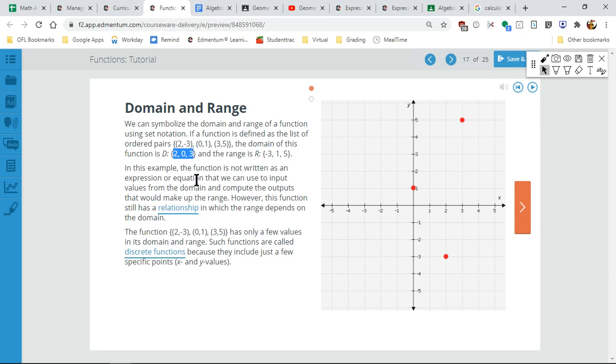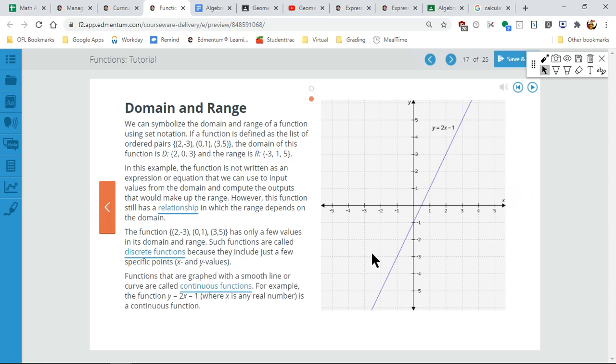You only have these 3 numbers in your domain, and you only have these 3 numbers as your range. These are your outputs. So if you have 3 inputs, you should have 3 outputs, unless there's repeating output. Sometimes your range can have fewer numbers than your domain because of repeats. I don't think we're going to be dealing with repeats right now, but there you go.